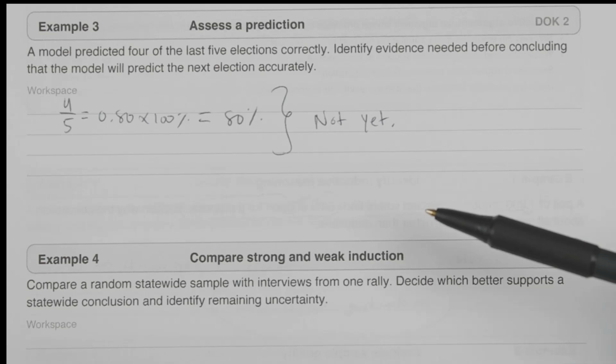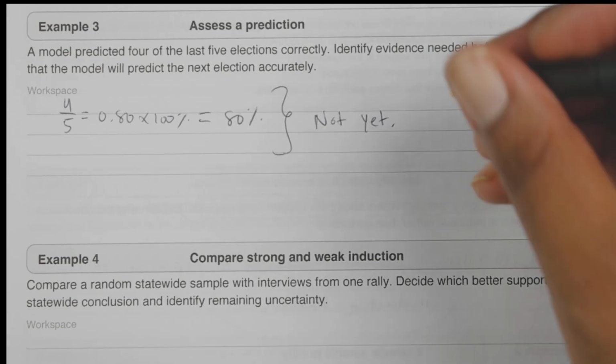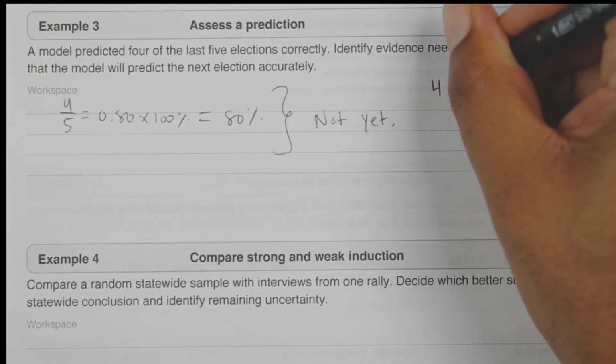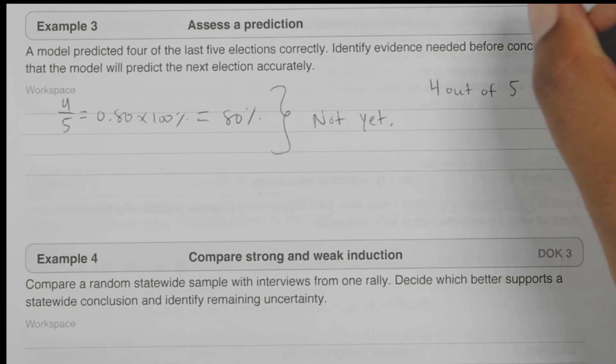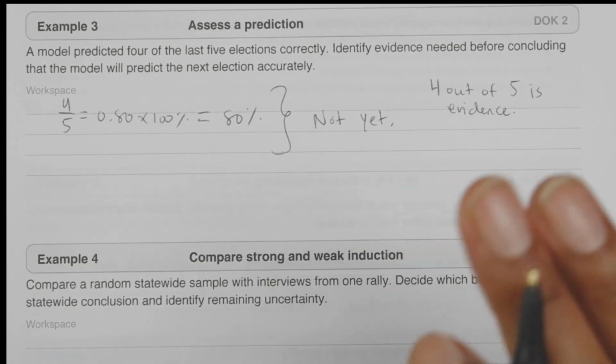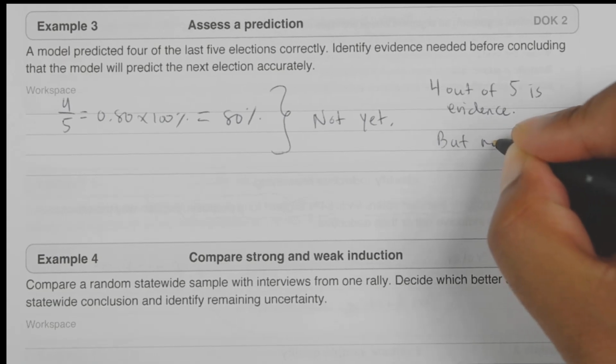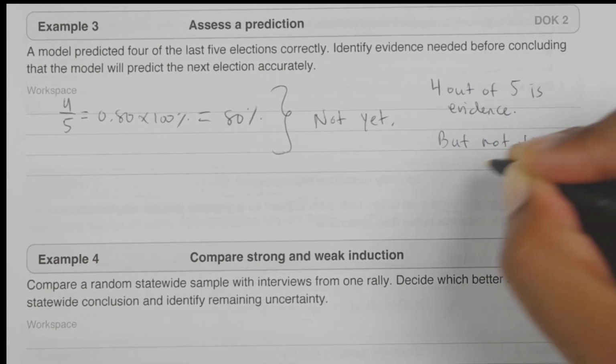Were any predictions omitted? So the result 4 out of 5 is evidence, but not the conclusion.